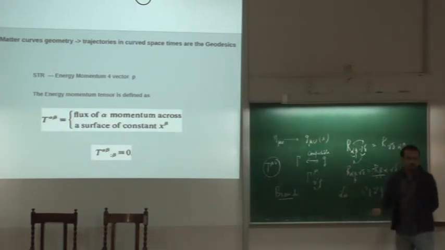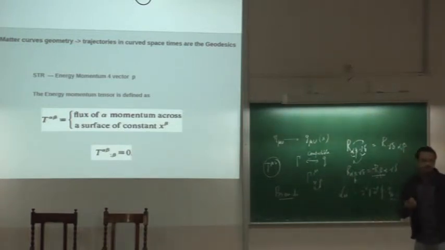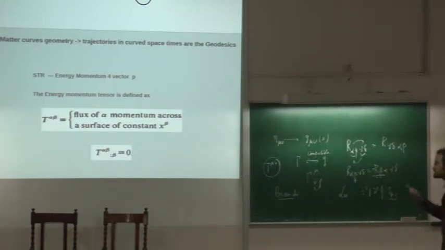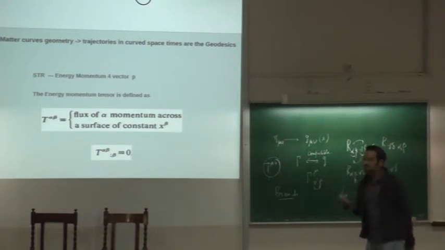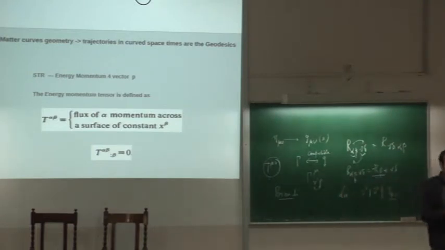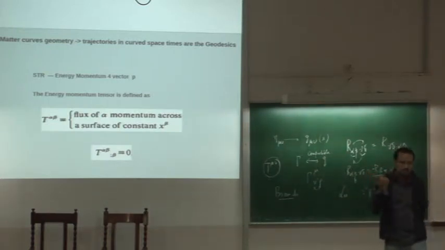Of course, the zeroth component will be the energy density of the four-momentum. And the physical idea behind T alpha beta is that it is the flux of the alpha-th component of the momentum through a surface of constant x beta.